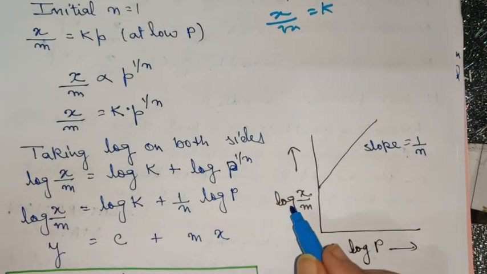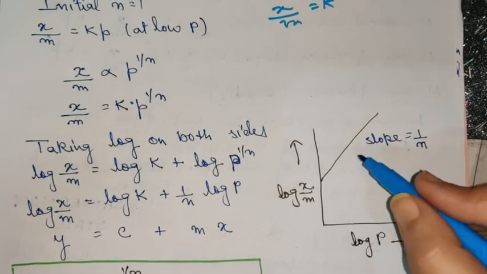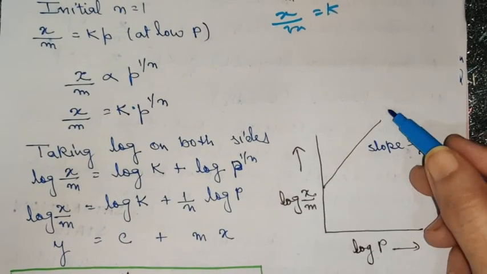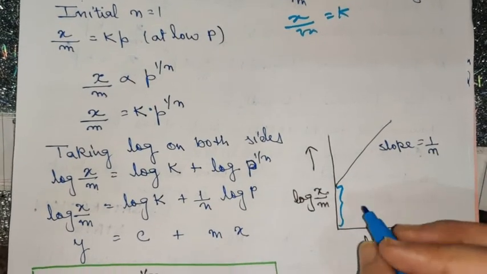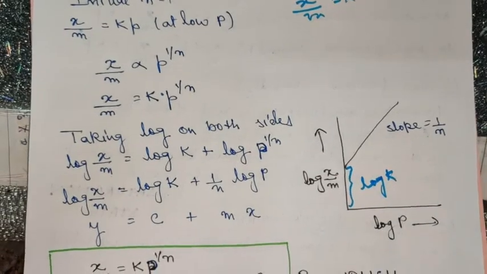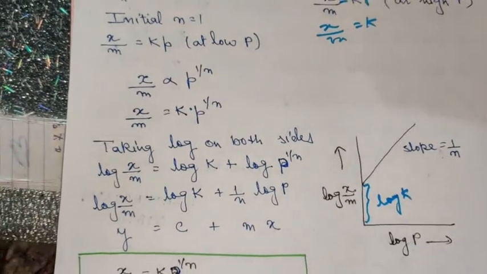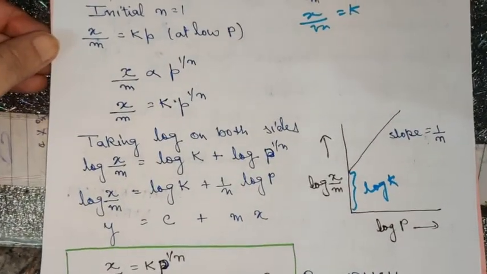On the y axis we have log x upon m, on the x axis we have log p, and the slope is positive, so it will go like this, and the value of the intercept is log k. Okay, so I hope this explanation is clear to you children.